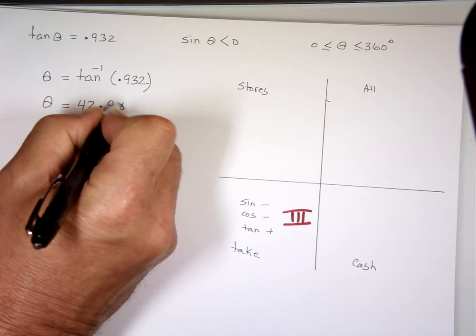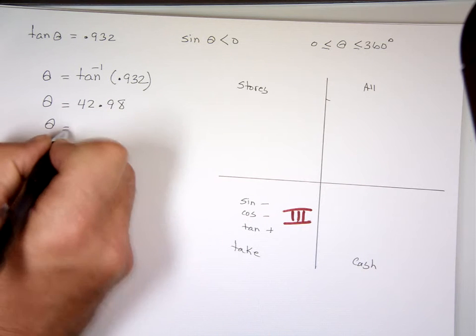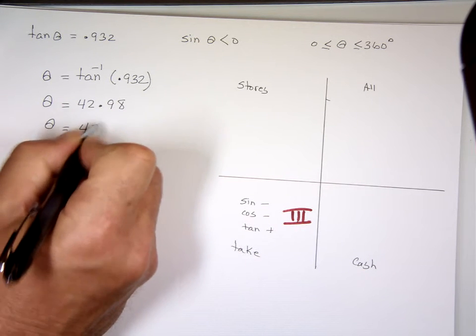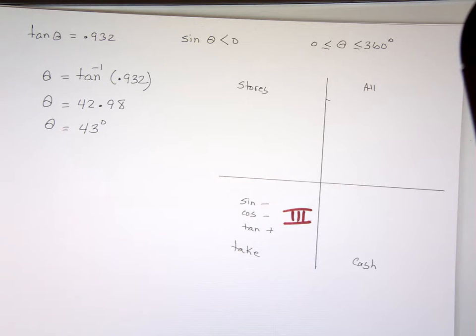It gives 42.98, so I'll round that to 43 degrees. And that will be the wrong answer here. Why? Because my answer is supposed to be in which quadrant? Quadrant 3.